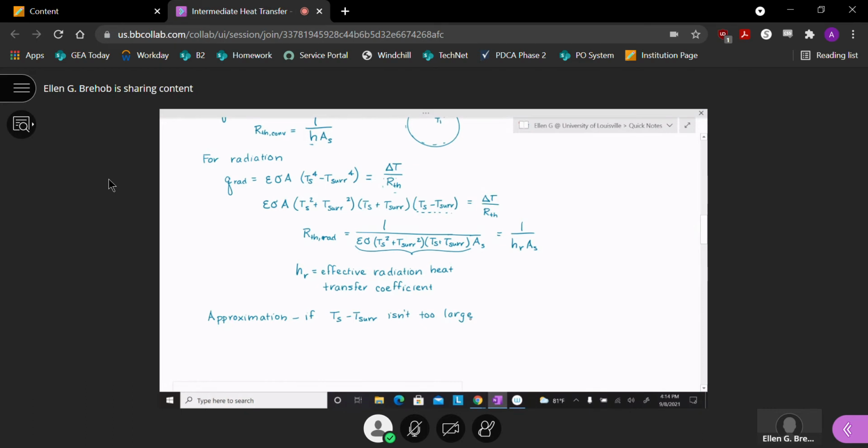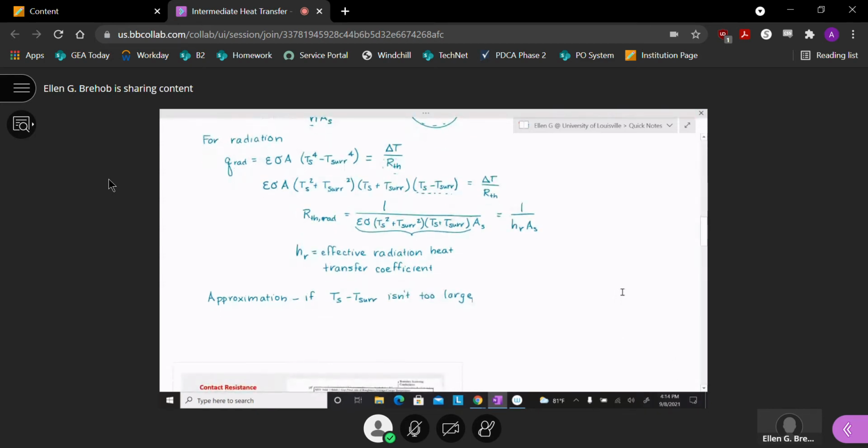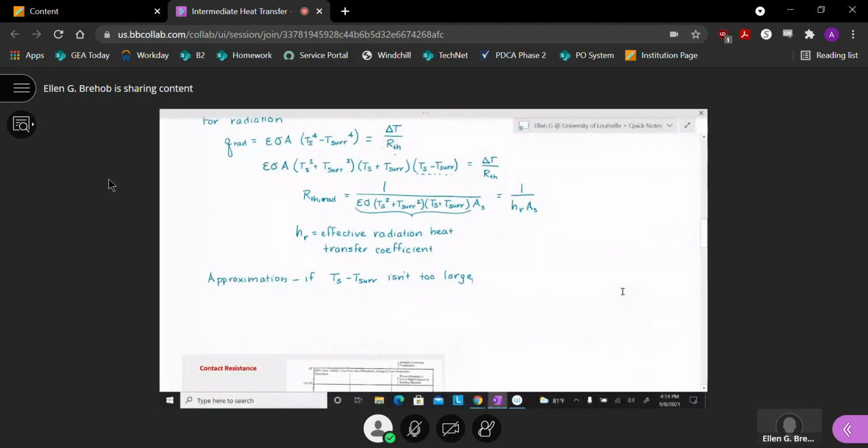Okay. Rather than having to do all of these, T_s squared plus T_surrounding squared, there is an approximation to estimate the effective radiative heat transfer coefficient. And it's valid when T surface minus T surroundings isn't too large.